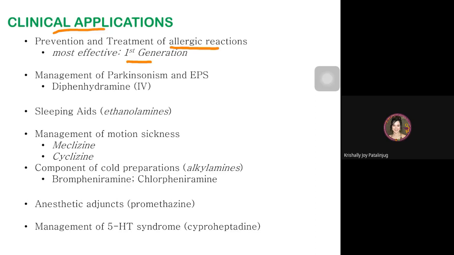Particularly between first gen, second gen, most effective for allergic reaction are the first generation. Another thing, they can also be used in the management of Parkinsonism. Parkinsonism is a neurodegenerative disease.